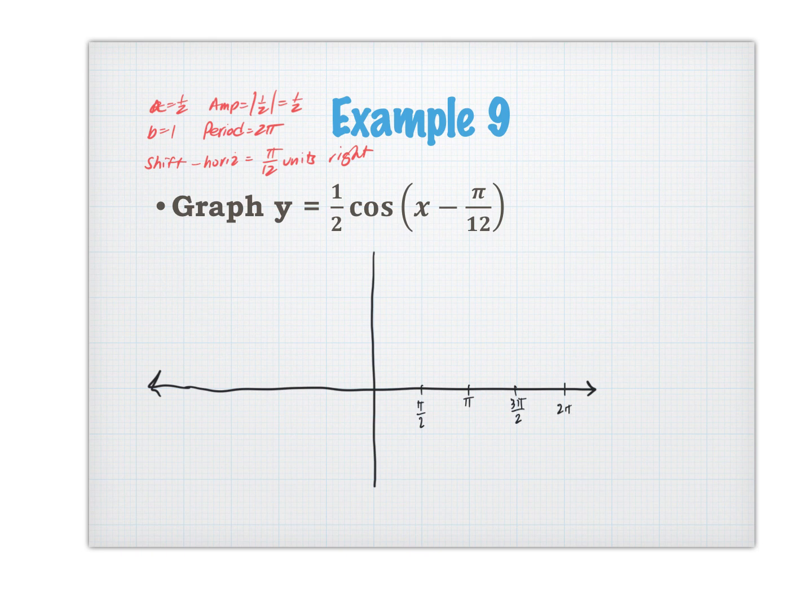And we have the same here for negatives. Negative pi over 2, negative pi, negative 3 pi over 2, and negative 2 pi. And we're shifting pi over 12 to the right. So to every one of these values, I have to add pi over 12. Again, that is one method of doing this.